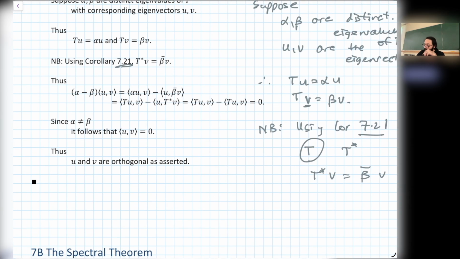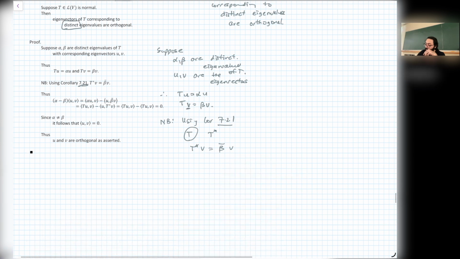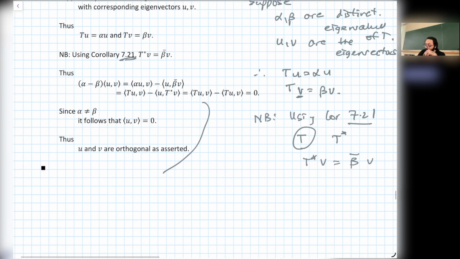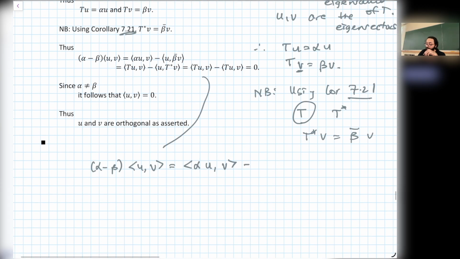All right. So now what are we going to do? There's some calculation now. The calculation says the following. We're going to take (alpha minus beta)<u, v>, which is the same as alpha<u, v> minus beta<u, v>. Why are we starting with this expression? Let's think about it for a moment. What do we want to do?